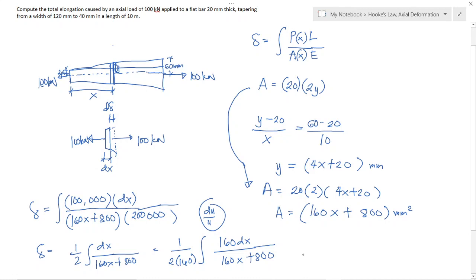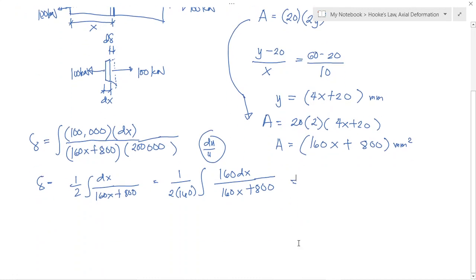Okay. So, since you have already in this form sa calculus, pwede na nating i-write siya as ln u. So, ibig sabihin, the total deformation will be equal to 1 over 320 multiplied by ln of 160x plus 800. Sorry, hindi ko nalagay yung limit.